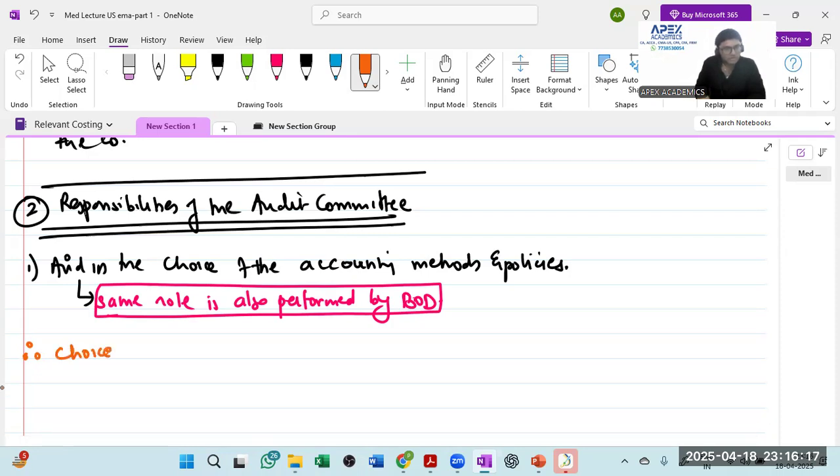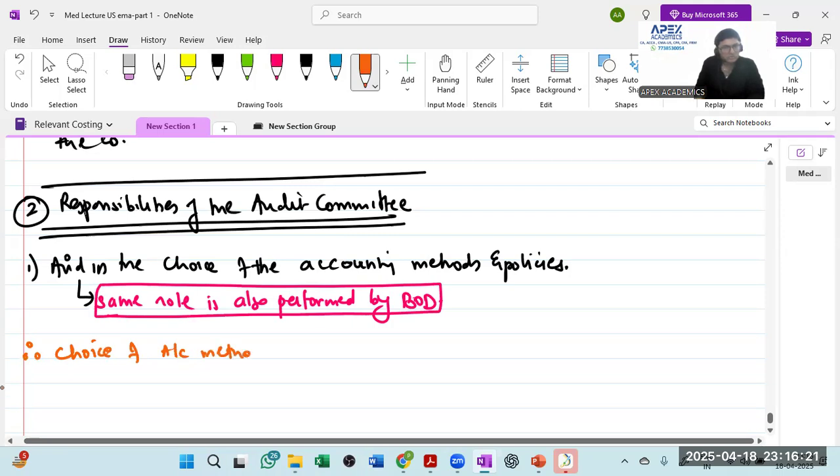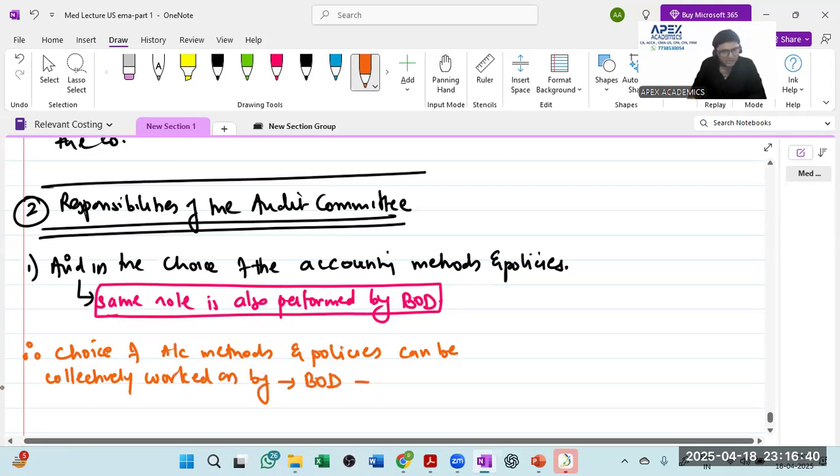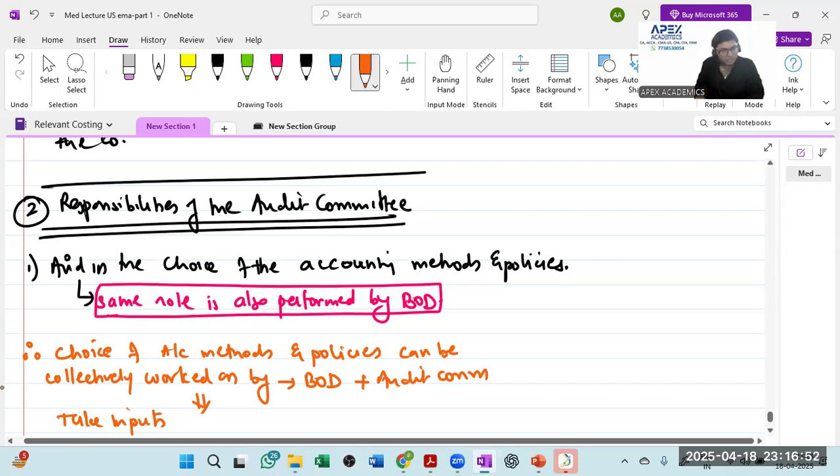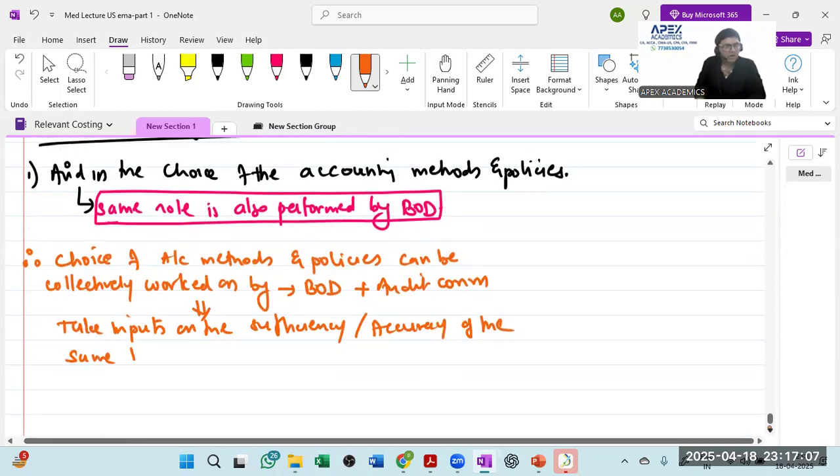The choice of accounting methods and policies can be collectively worked on by the board of directors plus the audit committee, and they will take inputs on the sufficiency or accuracy of the same from the external auditor.